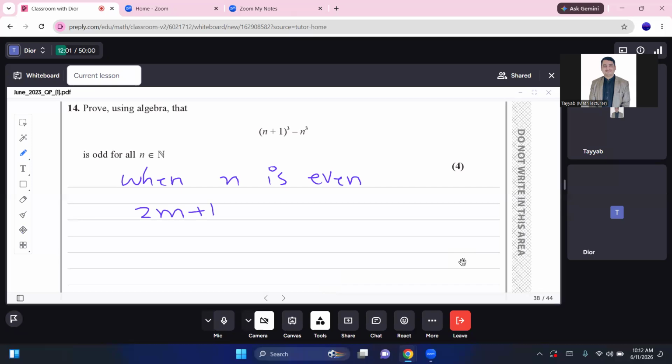So the difference is only odd when one is even and the other is odd. So just this one is odd and this one is even.